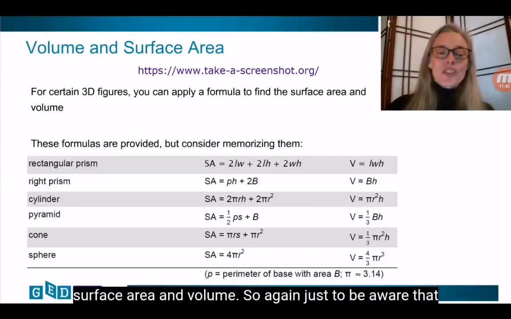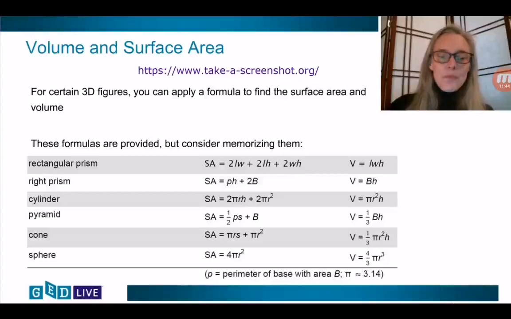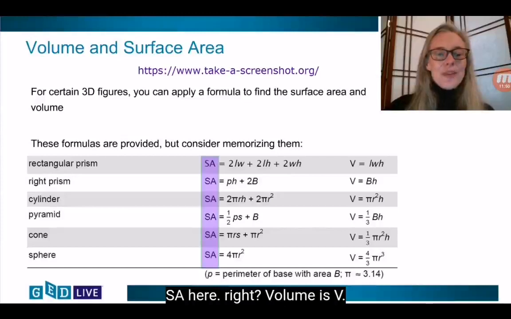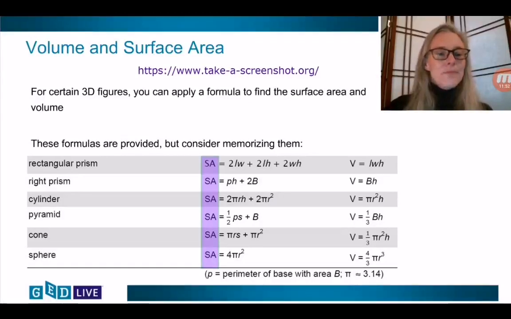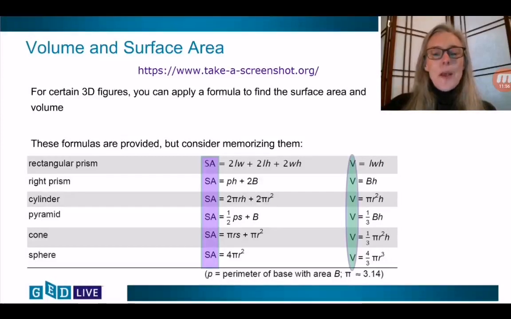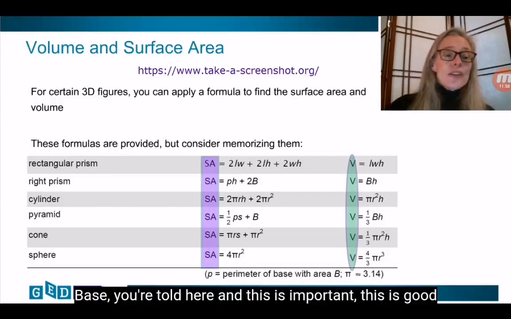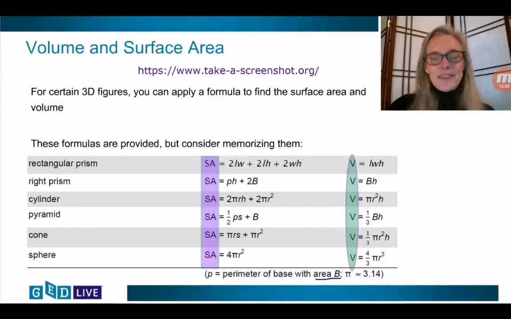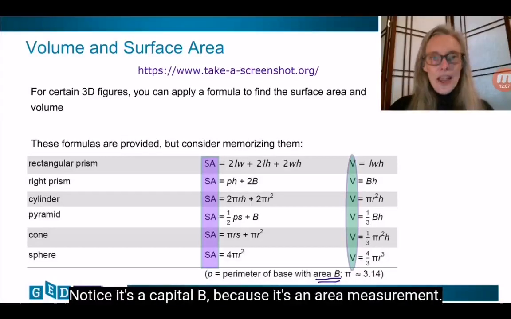Just be aware that surface area is always SA here. Volume is V. L, W, and H are length, width, and height. Base, you're told here, and this is good to know, is the area of the base. Notice it's a capital B because it's an area measurement.